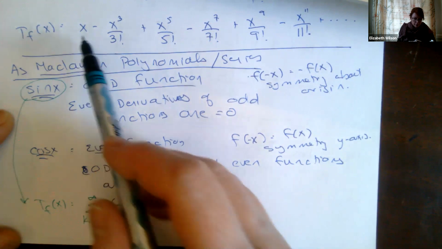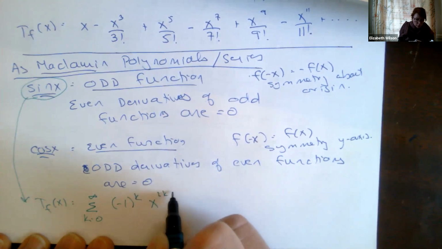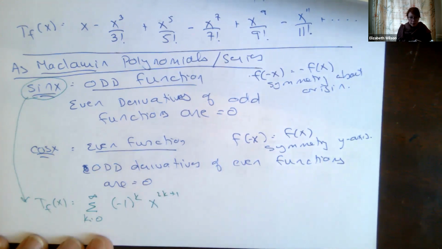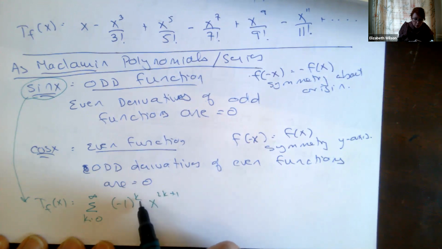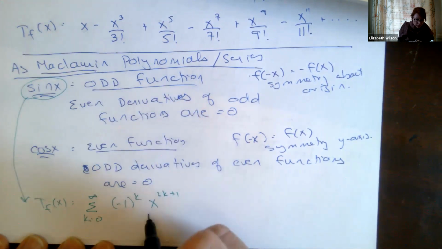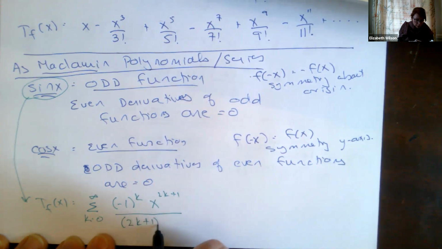The first term is positive. This is going to be x to the 2k plus 1, which makes it an odd exponent. When k equals 0, this is positive x to the 1, all divided by 2k plus 1 factorial.